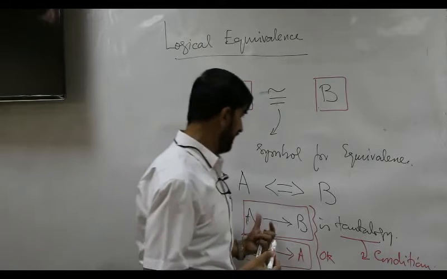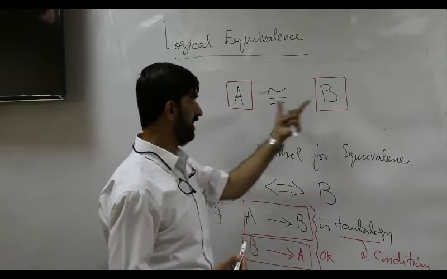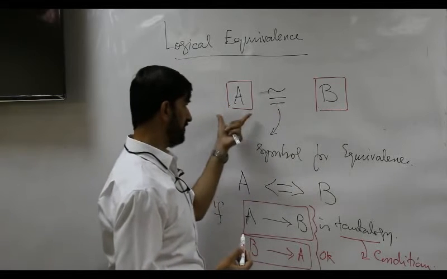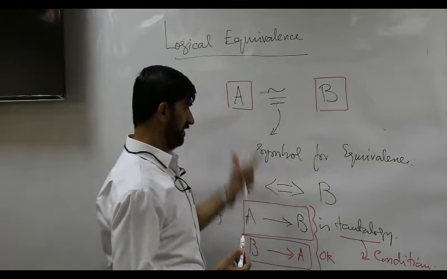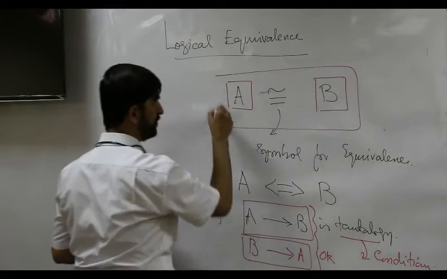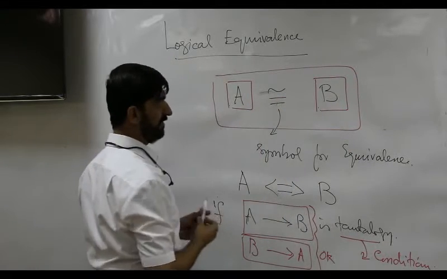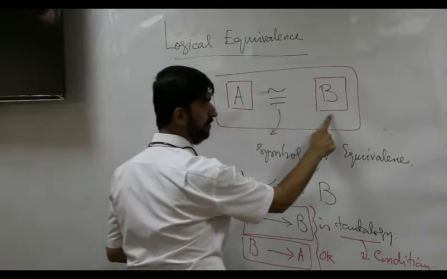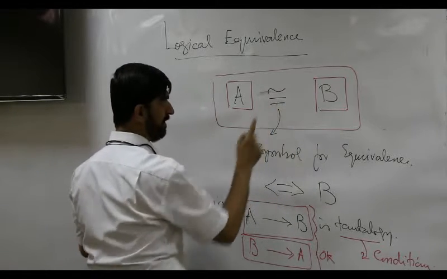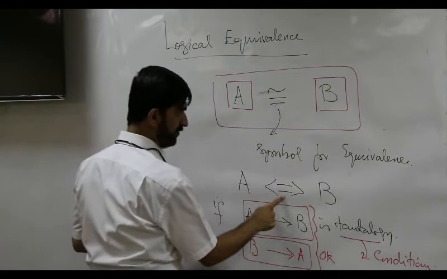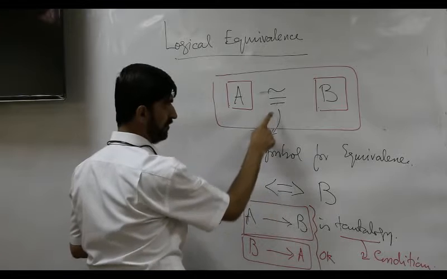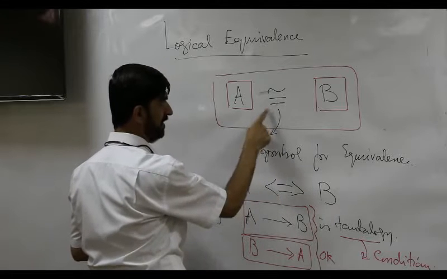If we prove that compound proposition A implies B or compound proposition B implies A is a tautology, then both compound propositions will be logically equivalent. A will be equivalent to B. This is the symbol for equivalence, or we can use this symbol for equivalence. Both are used for equivalence.